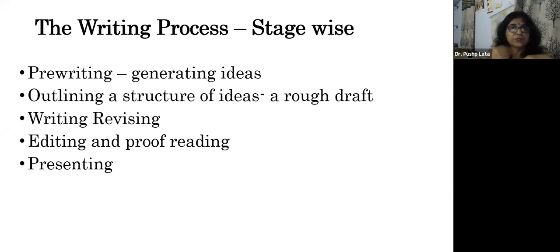You need to state that, because in order to find the answers to those research questions, you have collected the data. So when you are doing this, automatically you will find that you have done the literature review, and that helps you in bringing out the gap. And then you have the research questions, and the data that you have collected helps you in answering those questions. And then you are discussing the results.